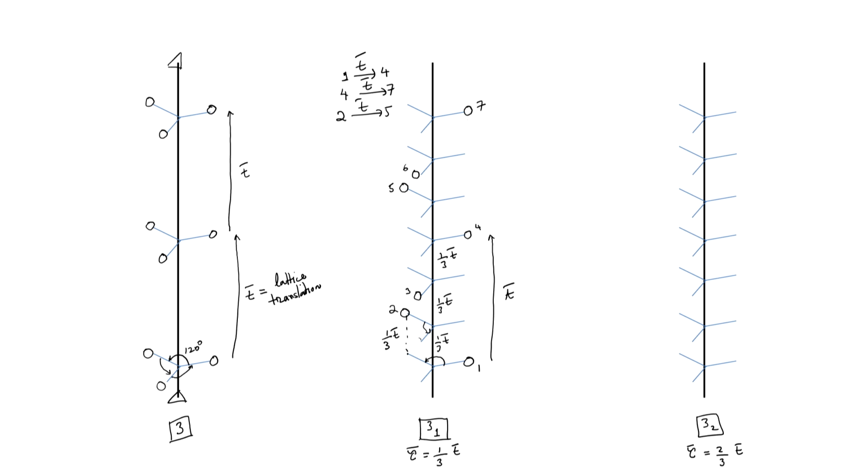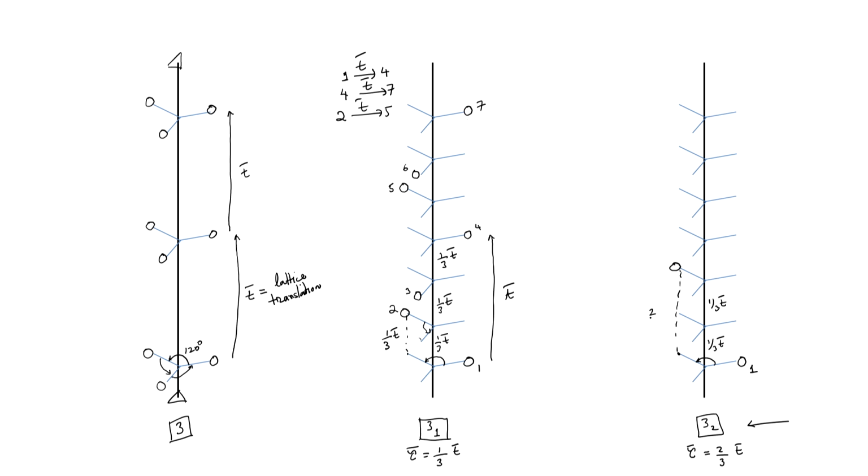This becomes the pattern for this particular screw axis 3 sub 1. Now consider the second screw axis 3 sub 2. Here now the screw translation is 2/3 of the T vector. So, starting again, let us start with motif number 1. We rotate through 120 degrees, but now instead of moving 1/3 T, we move 2/3 T. So, this is 1/3 T, this is another 1/3 T. Hence, to move from this point out here, we move up to this position.